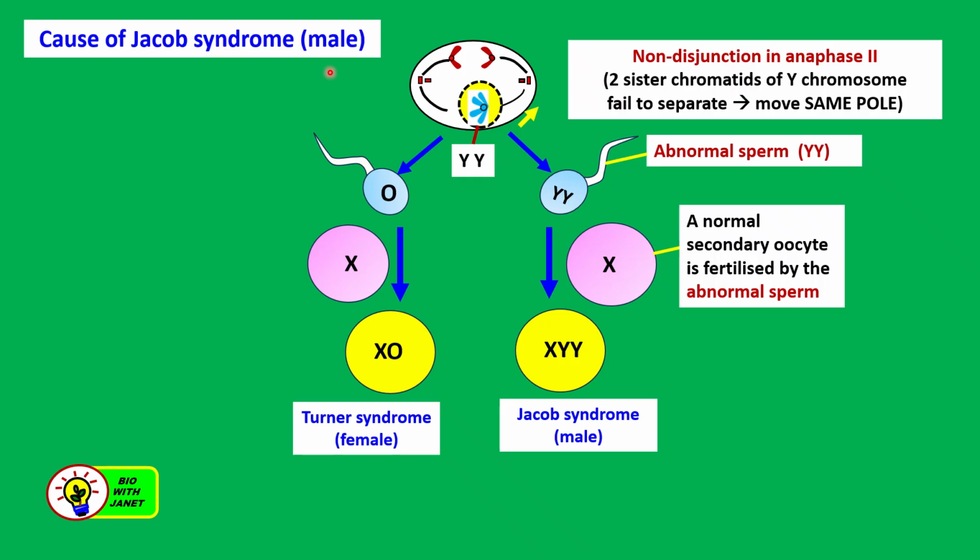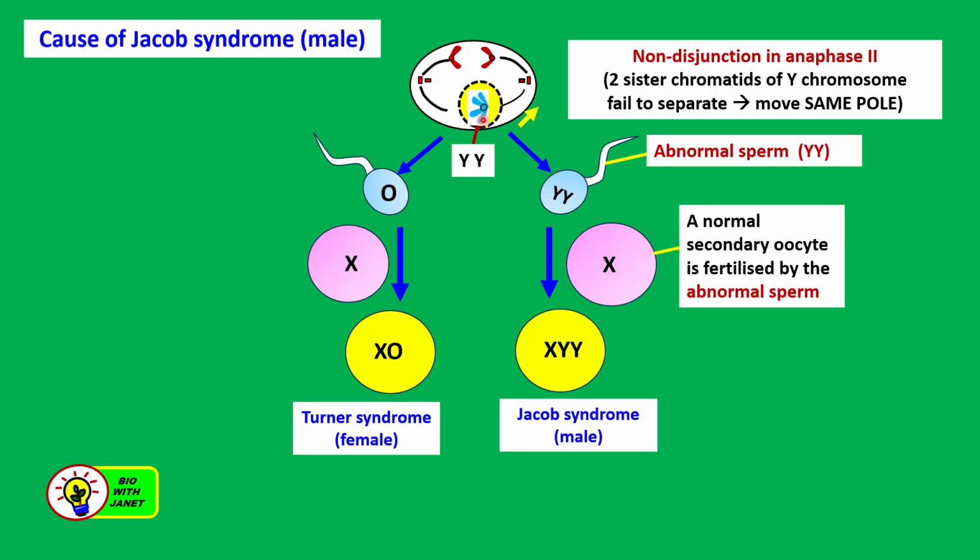Now, how about Jacob's syndrome? How is a Jacob's syndrome child produced? For Jacob's syndrome, it is the non-disjunction in meiosis 2 for the Y chromosome. The chromatids of the Y chromosome fail to separate from each other.